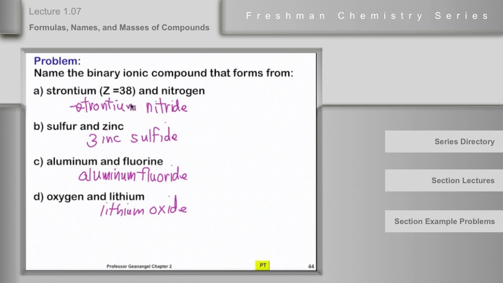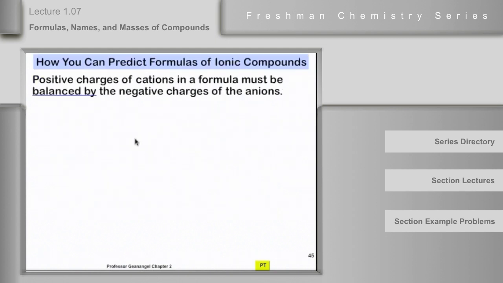Okay, you've probably seen that before and maybe you remember. Now the next thing I want to do is to learn to figure out the formula for these compounds. From the ions that are present and the knowledge that the formula must be neutral, we can figure out what the formula will actually be of these binary ionic compounds.